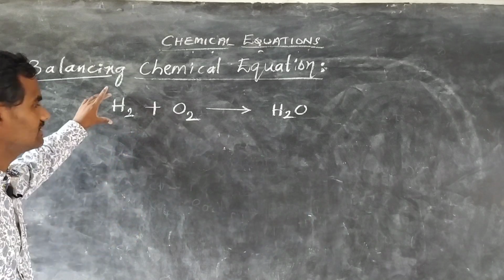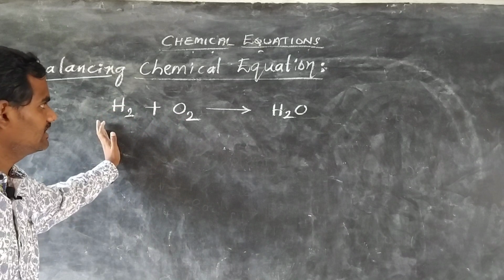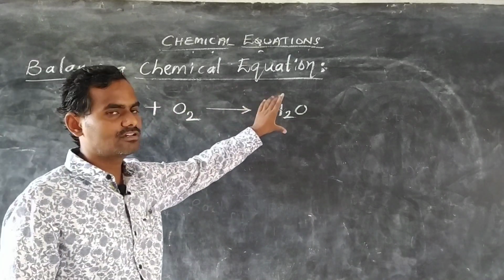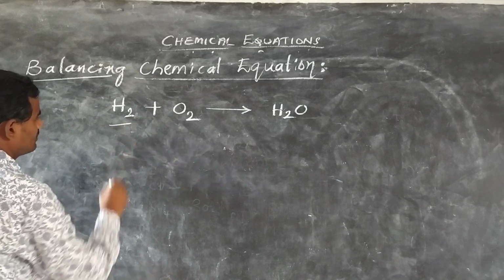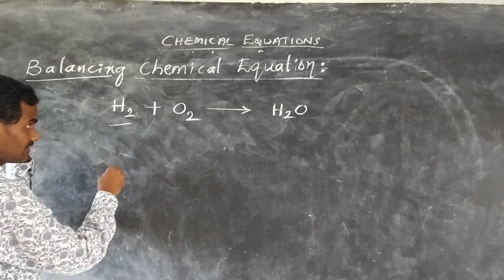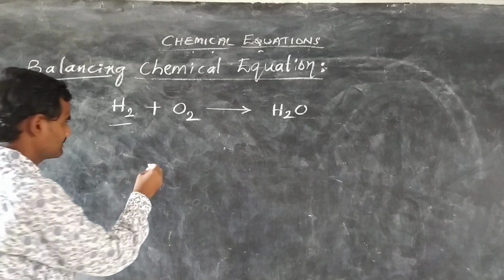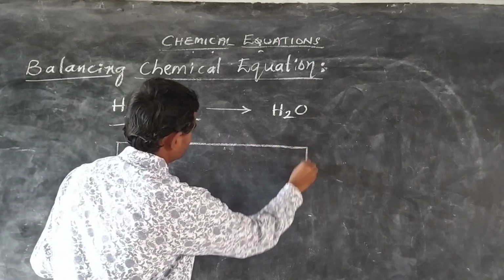Now we will find the number of atoms on the left hand side, or reactant side, and the number of atoms on the right hand side. We will write a table so that we can understand whether it is balanced or not.